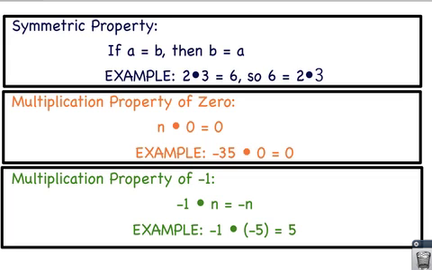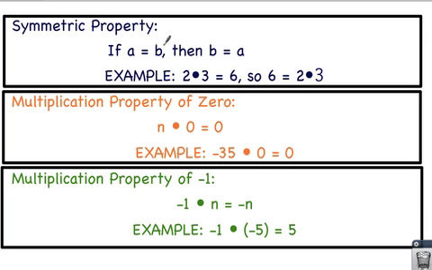The symmetric property. Think of the word symmetry, or symmetrical. So if I have A equaling B, I can switch it around so that B equals A. Unlike the commutative property, where the numbers move, I'm literally taking this equation and flipping the entire equation around.